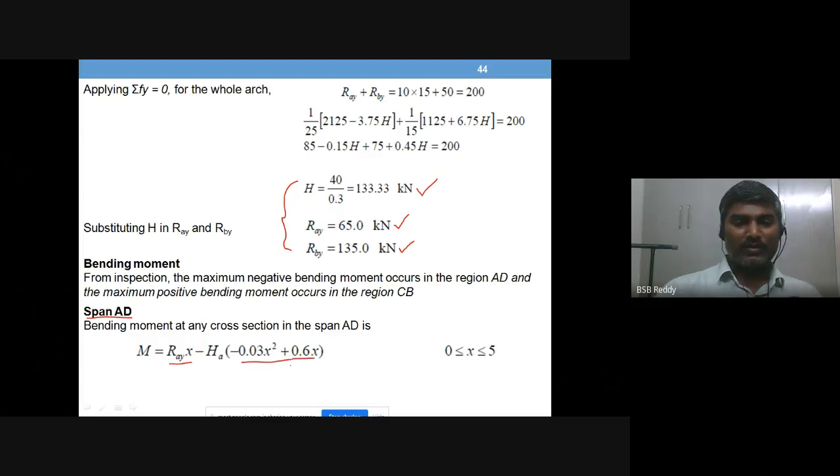You derived what y is in the last session, so we are using that now. This Mx equation is valid from A to D only. What is the x value at A? 0. What is the x value at point D? It is 5 meters.